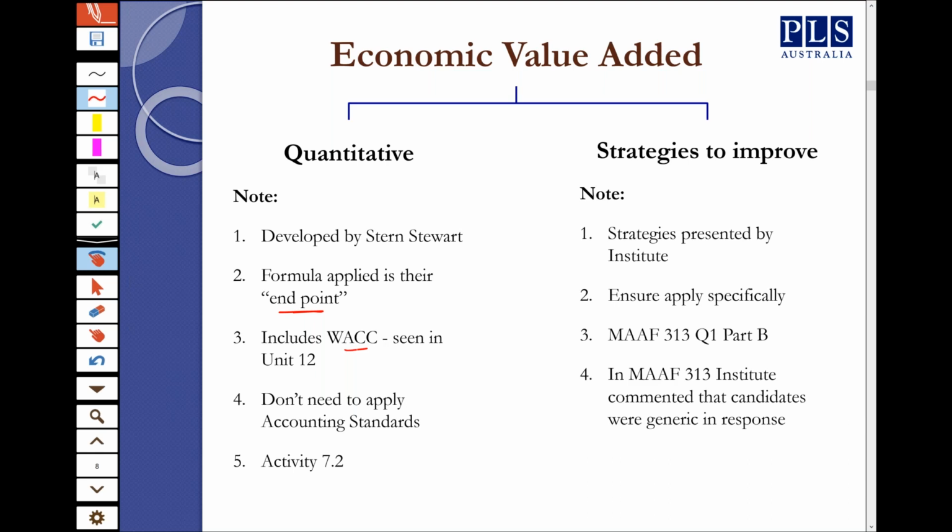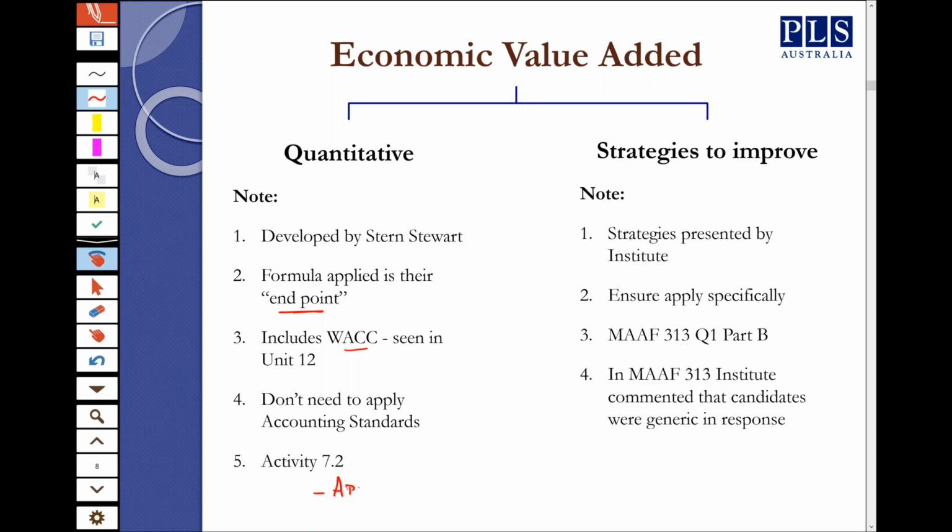I would also note, however, if you read closely the Institute's material, they do highlight that when you're calculating EVA, you do not need to apply accounting standards in arriving at your assets and liabilities. So you can just apply management accounting logic. You don't need to apply financial reporting logic. But you'll also find that as you engage with activity 7.2, it does have a calculation element to it.